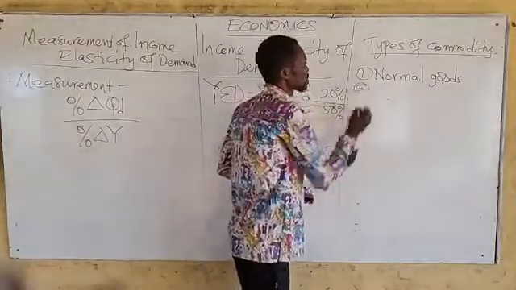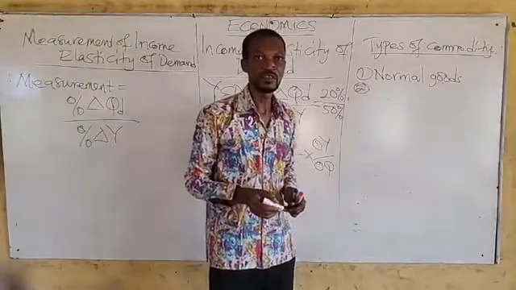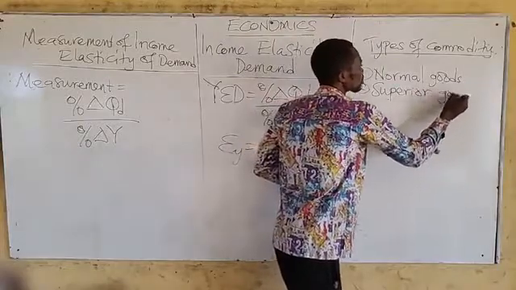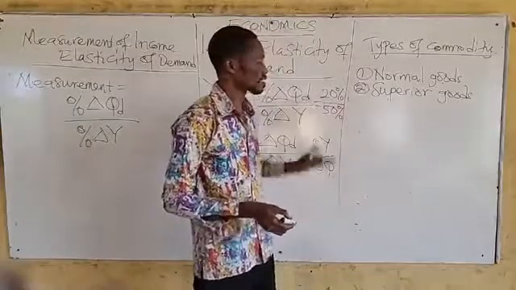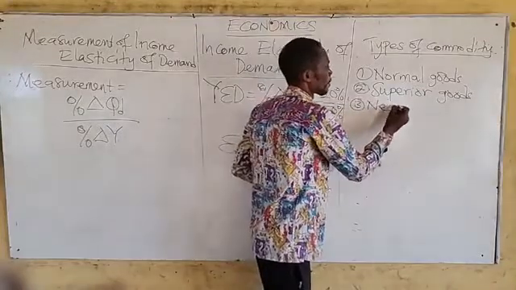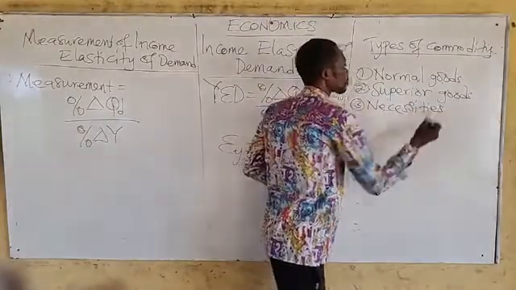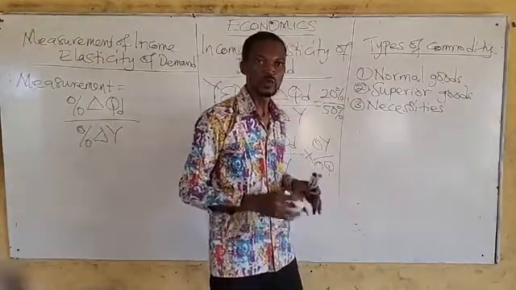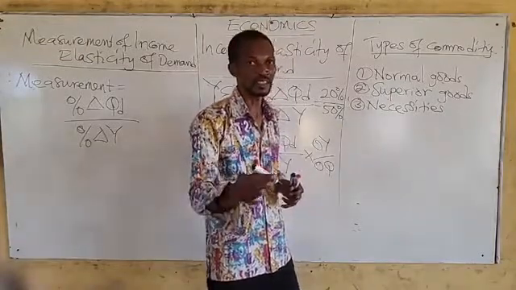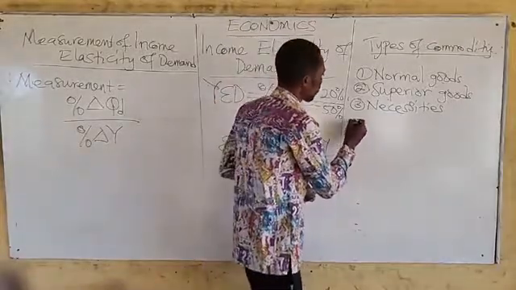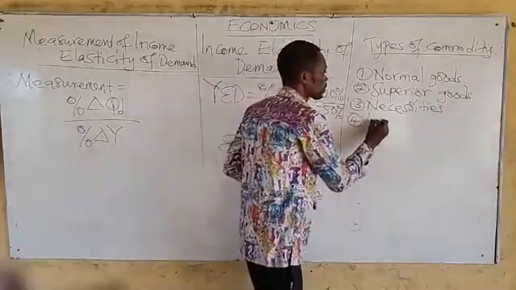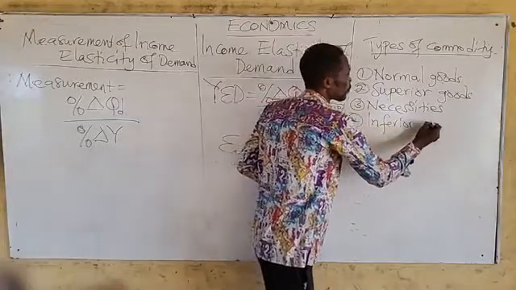Another type of commodity income elasticity can reveal is what we call superior goods. It can also reveal what we call necessities, or goods subject to satiety. Then the last one which income elasticity reveals to us is inferior goods.